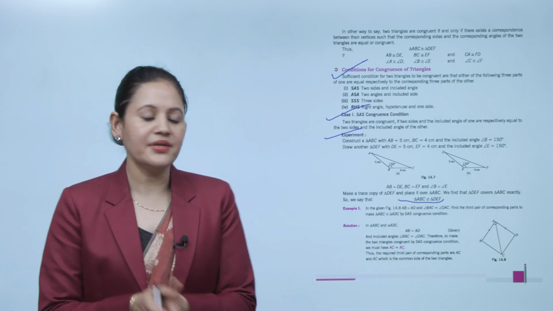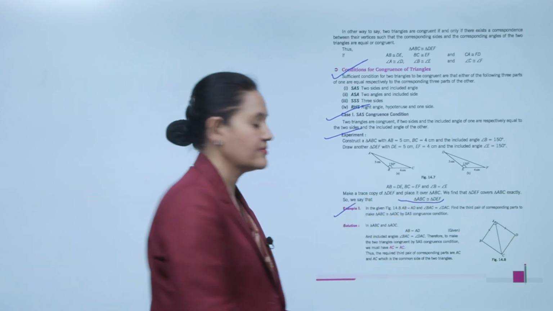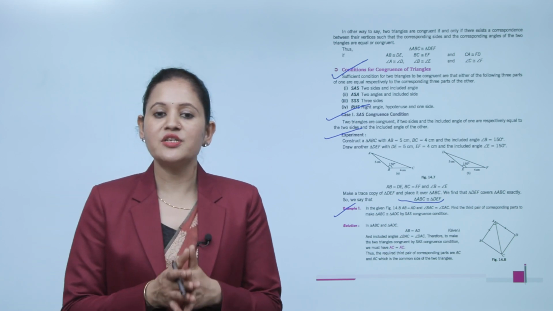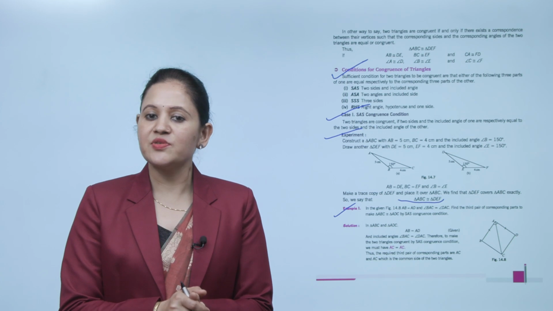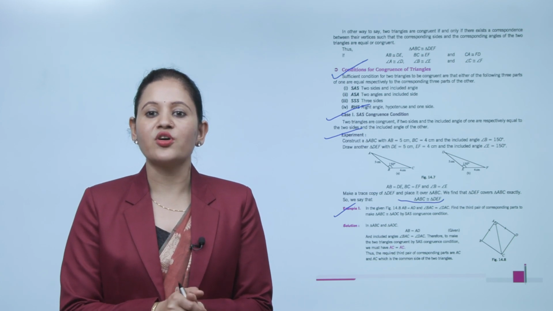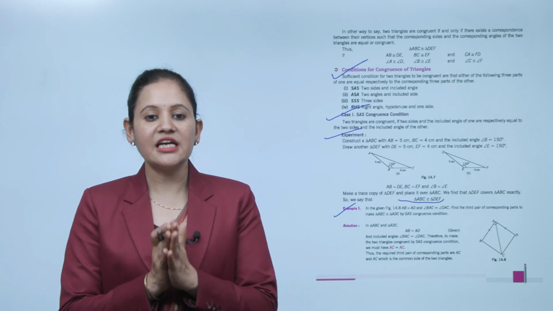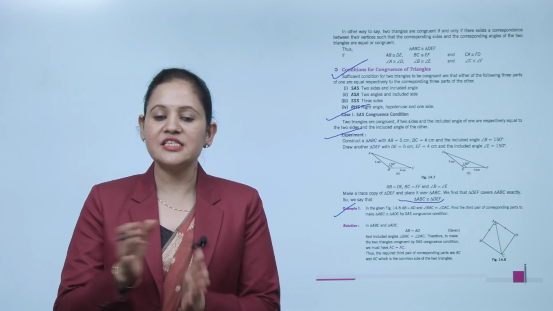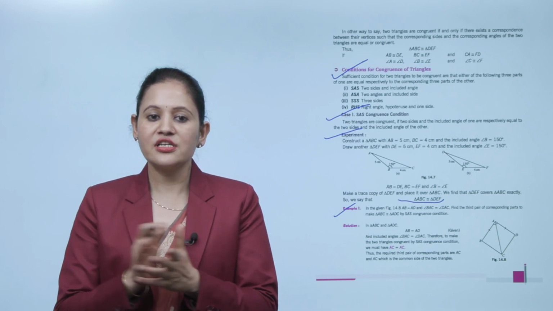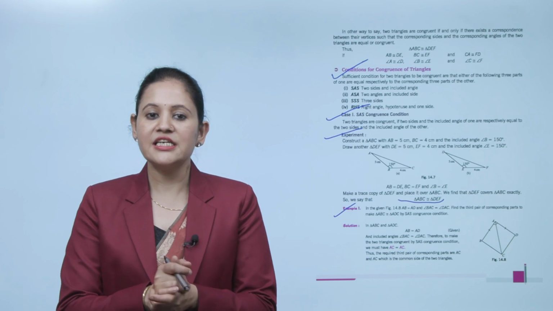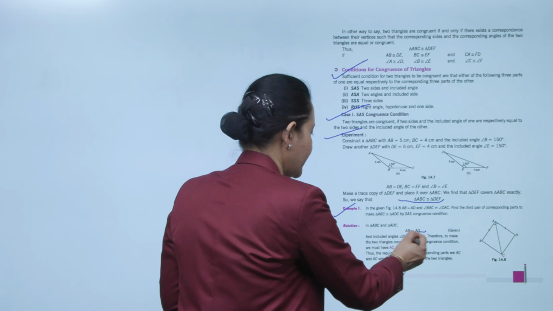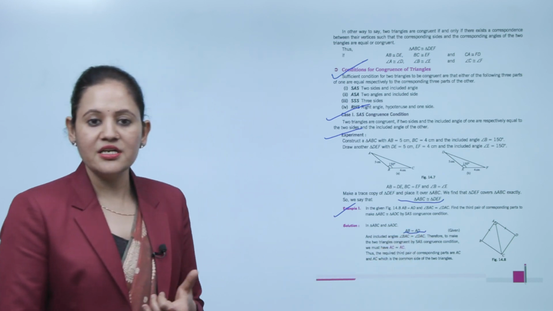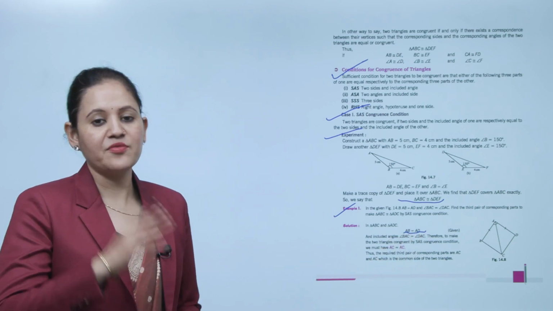Now, we will take an example. In the given figure 14.8, AB equals AD, angle BAC equals angle DAC. Find the third pair of corresponding parts to make triangle ABC congruent to triangle ADC by the SAS congruence condition. Solution. In triangle ABC and ADC, AB equals AD is given, and included angle BAC equals DAC.